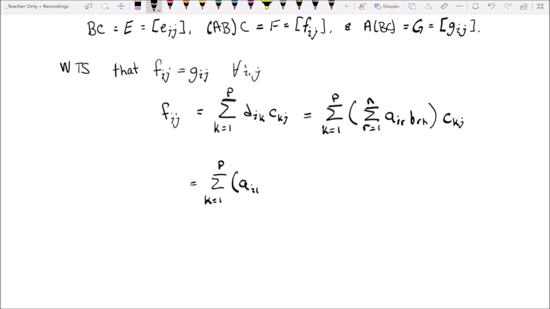Right, so ai1 times b1k plus ai2 times b2k plus and so on and so forth, plus ain times bnk, and then this is times ckj. Now we can distribute the ckj in through the addition.